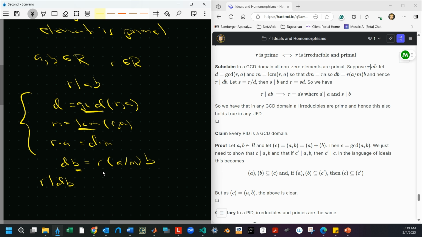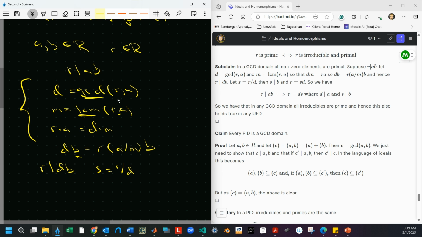We know that R divides DB because it divides this side, so it has to divide that side. And so I let S equal R over D, and we knew we could do that anyway because D is the greatest common divisor there, right? And S divides B.